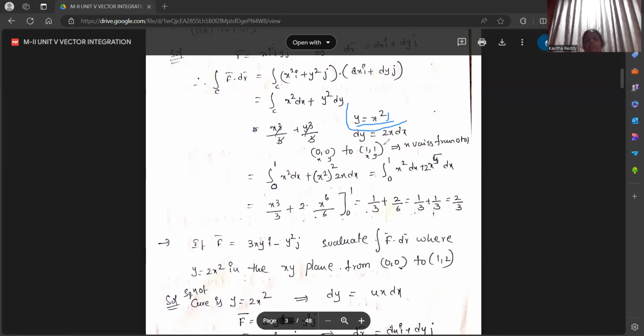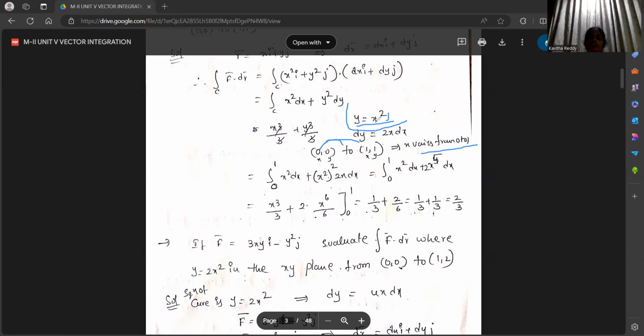It is given that along the curve y equals x square the path goes from 0 comma 0 to 1 comma 1. So x varies from 0 to 1, since the x coordinate goes from 0 to 1.